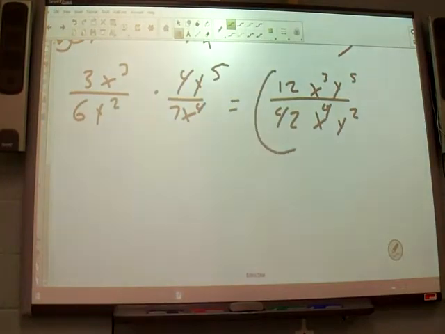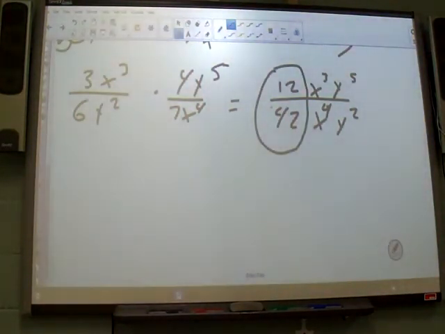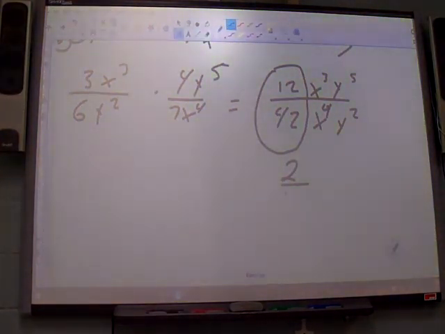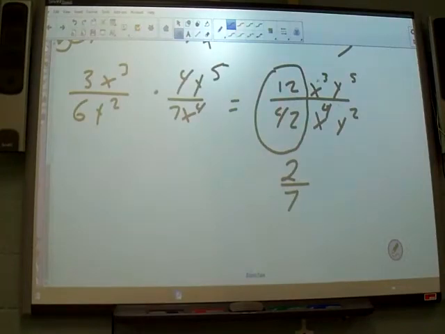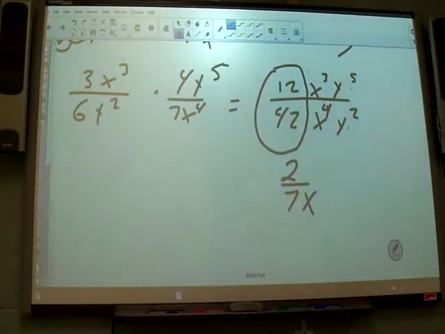Now I look for how I can reduce 12 and 42, and I know I can take a 6 out of both of them. 12 divided by 6 is 2. 42 divided by 6 is 7. On my x's, 3 minus 4 is -1. Since it's negative, it goes on the bottom. On my y's, 5 minus 2 is 3.